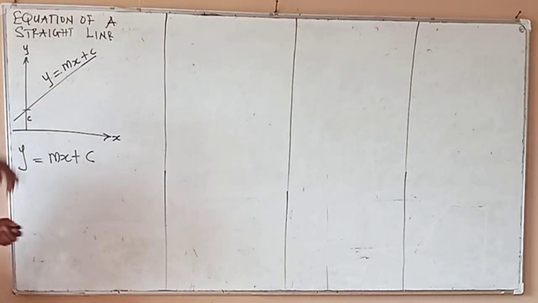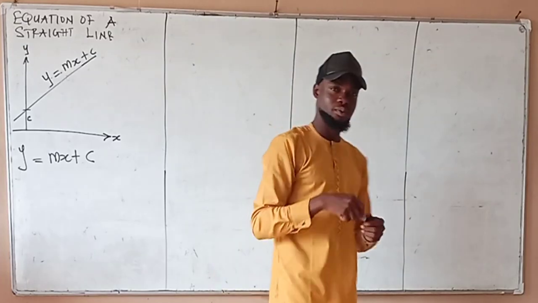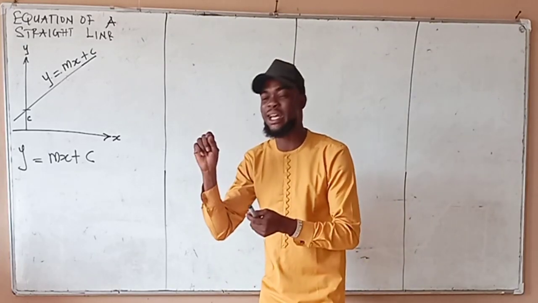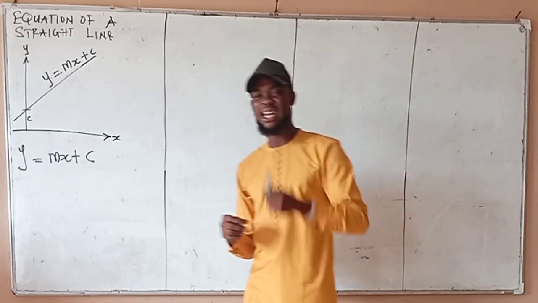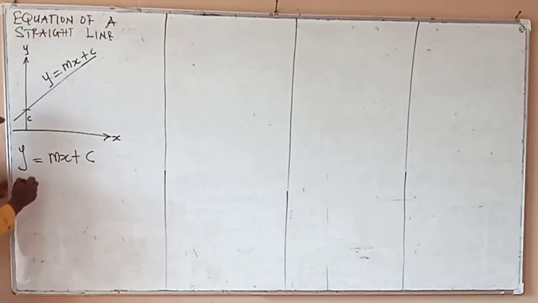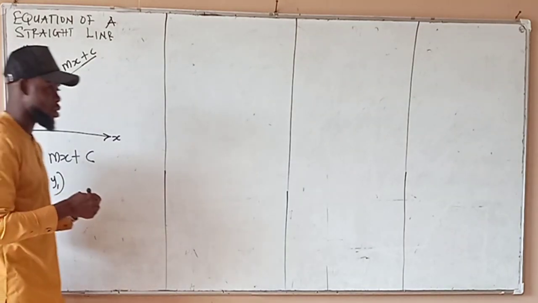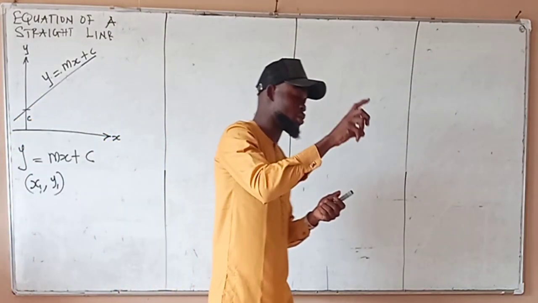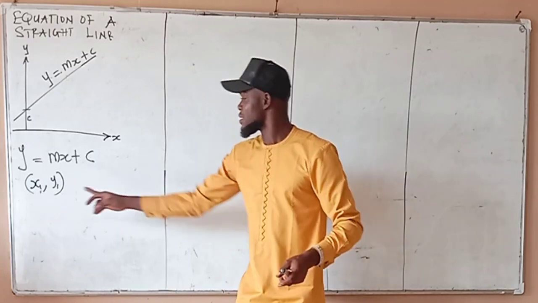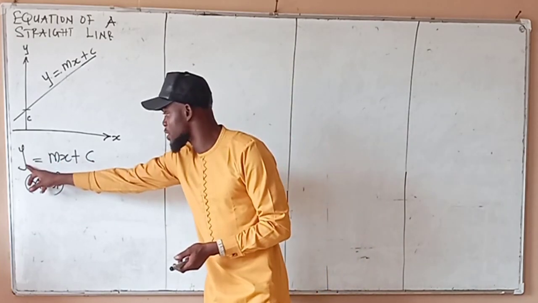While for the equation of a straight line whose intercept is not known but which passes through a given known point, say (x1, y1), what is this equation?